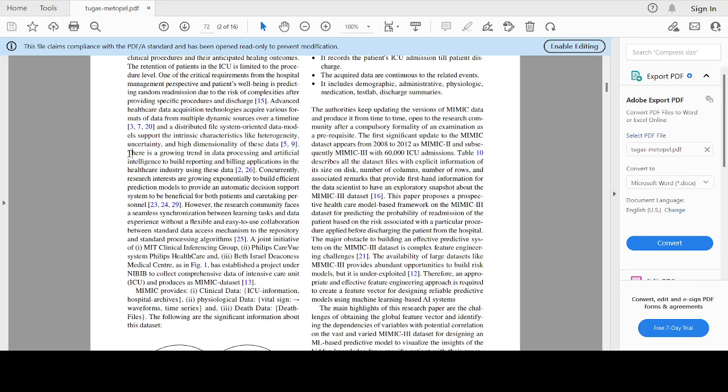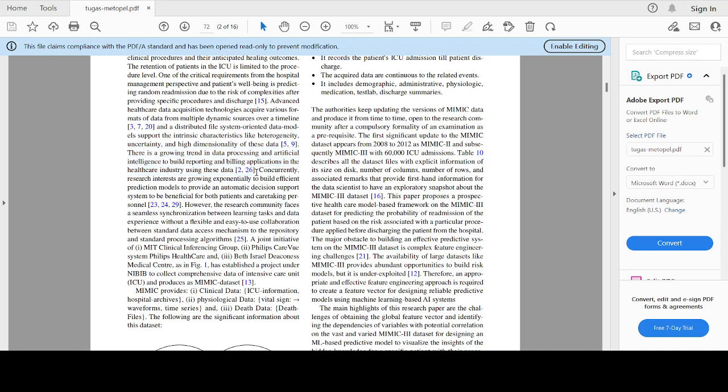Okay, which is supported by this sentence. There is a growing trend in data processing and artificial intelligence to build reporting and billing applications in the healthcare industry using this data.